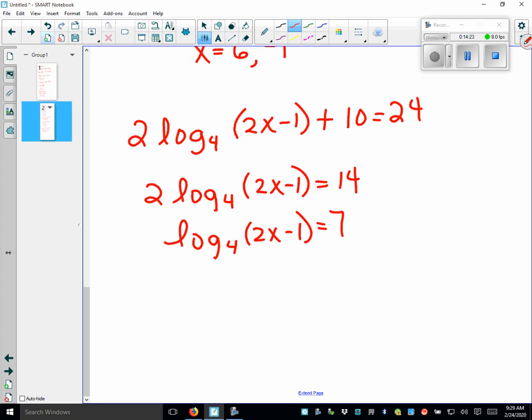I can never divide by a log, but I can convert it to exponential form. Remember doing that? So 4 to the 7th equals 2x minus 1.